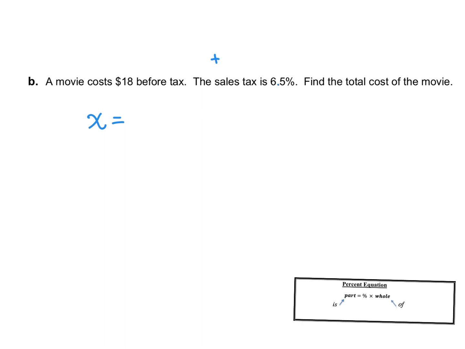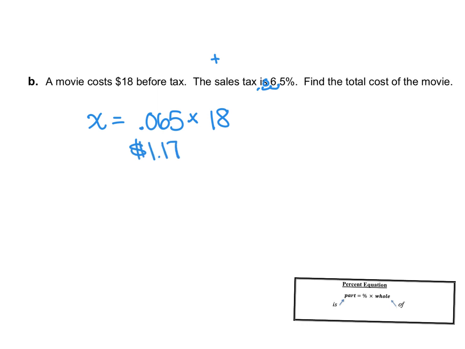Now, we have to turn this into a decimal, and so we have to divide by 100. I know it was a decimal, but what we're doing is we're taking off the percent sign by dividing by 100. So 0.065 of, meaning times, 18.